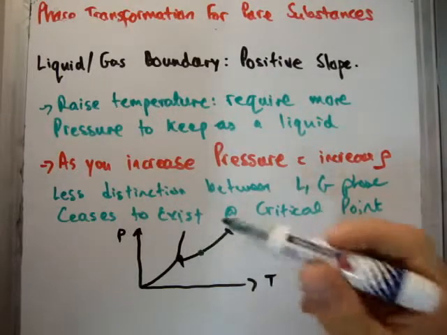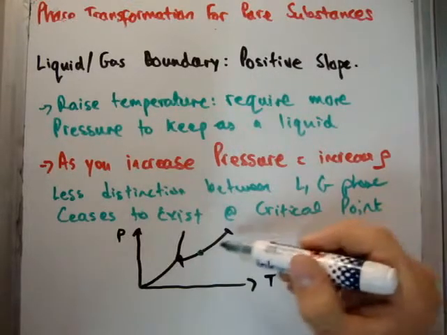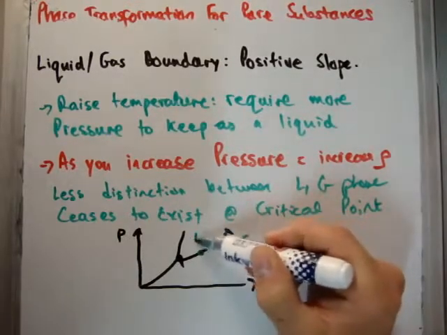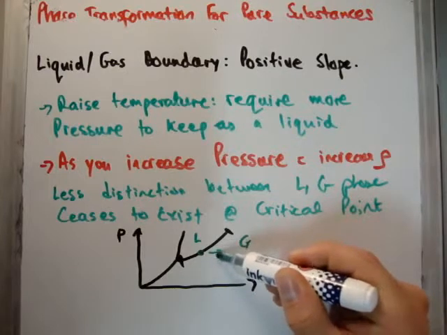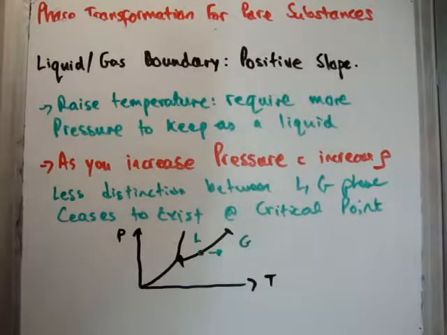So say we're here, right? And we want to increase the temperature. There's the gas and there's the liquid. So if we increase the temperature, it stops being a liquid and a gas and just becomes a gas, full stop. But if we increase the pressure, we go to here, for example, and we're still on the liquid gas phase line, and we have both the liquid and the gas coexisting together.